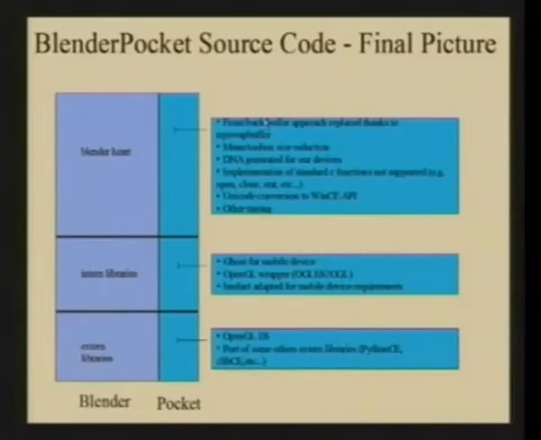In the internal library, you have the Ghost for mobile devices. You also have my OpenGL wrapper, and this library for fonts is adapted for our mobile device to have small fonts. And in the source code, there are some modifications to support the front and back buffer access.